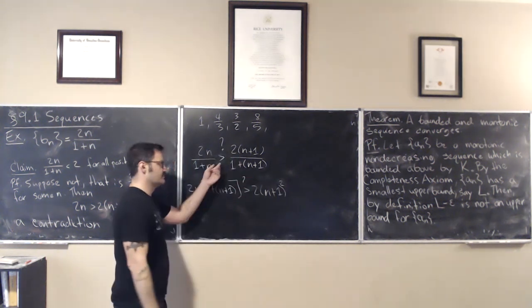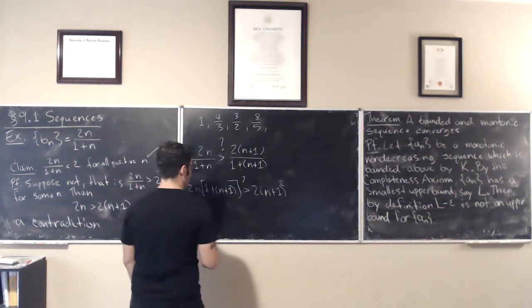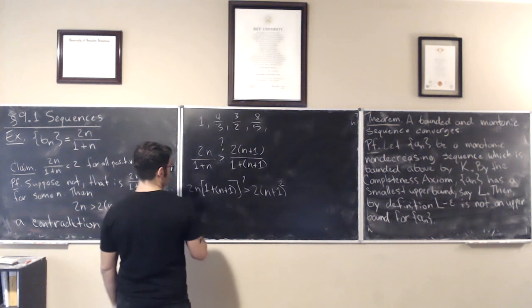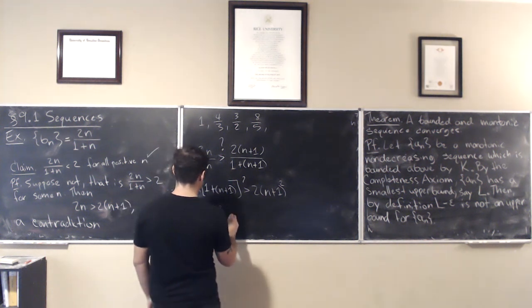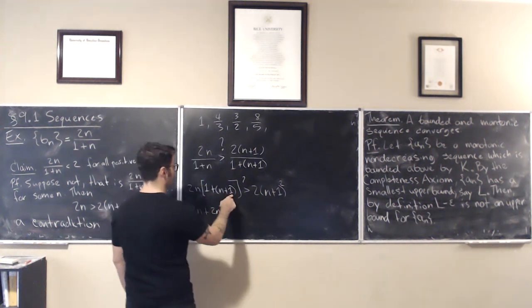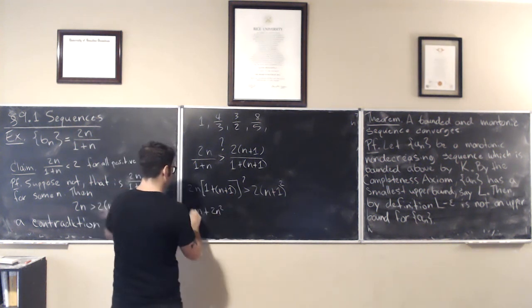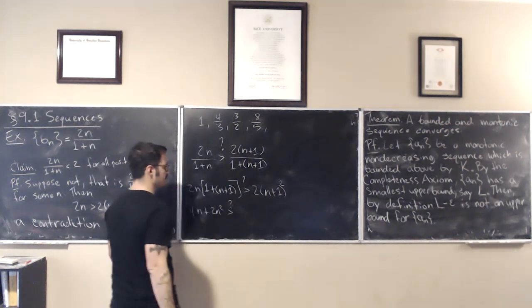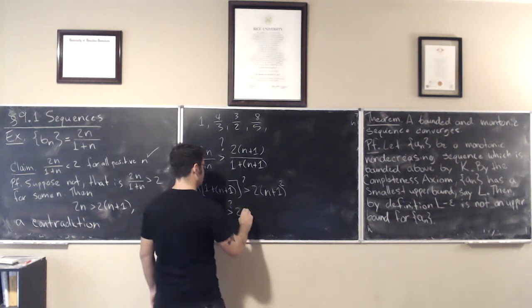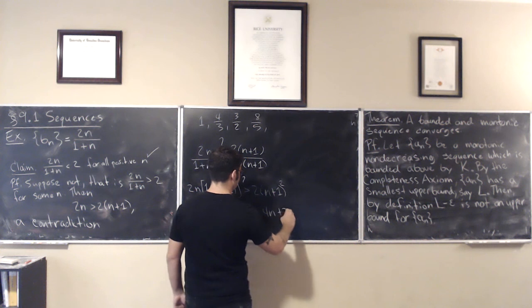Again, we're assuming the wrong direction; we're going to show that it's a problem. So we get 2n plus 2n squared plus 2n plus 2, so that would be 2n squared plus 4n plus 2 on the left, and on the right 2n squared plus 4n plus 2.